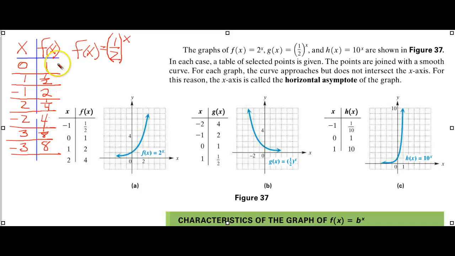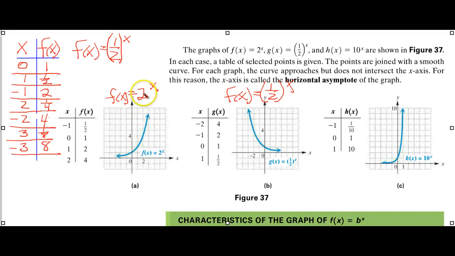So, notice what happens as we plot this one now. This was f of x equals 2 to the x power. Now this one is f of x equals 1/2 to the x power. And can you see that on this side, where it goes the whole number, the curve goes up nicely like this, and we plotted that one.